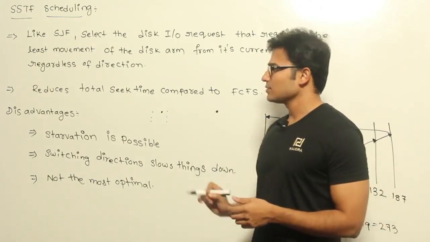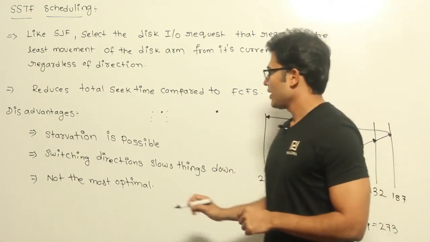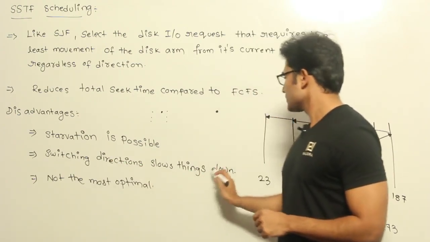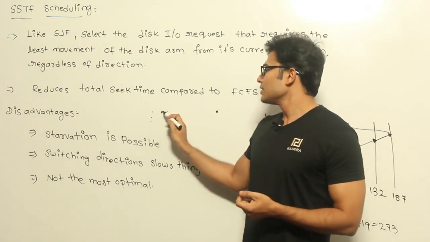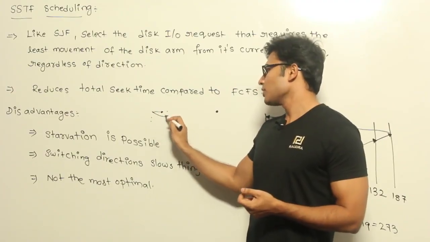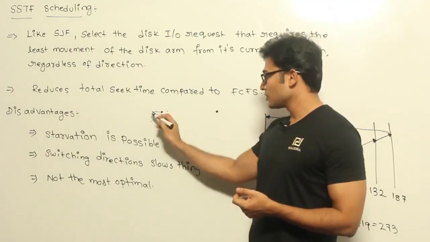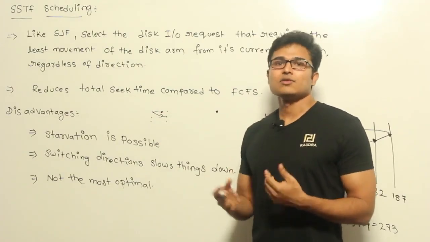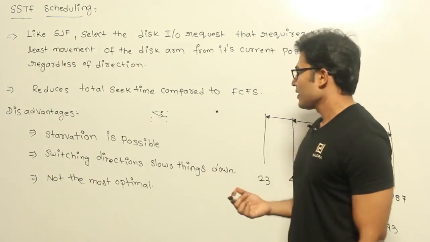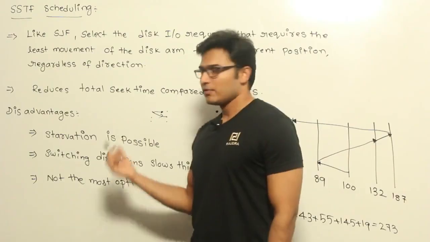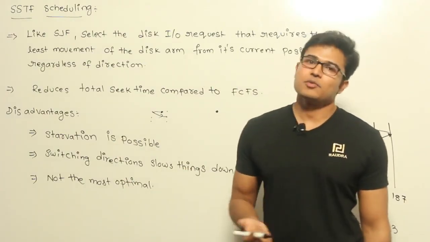Therefore starvation is possible in this case, and switching directions slows things down. Sometimes if you are moving in one direction, suddenly you might go back into the other direction, just because it is close. So that is also going to slow you down. This is one of the other disadvantages, and it is not the most optimal way. We'll see later what other optimal ways are possible.